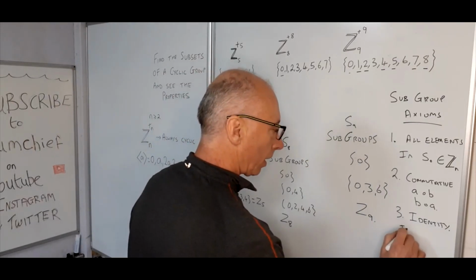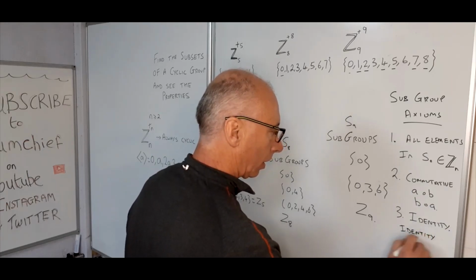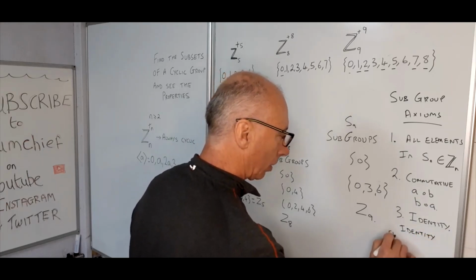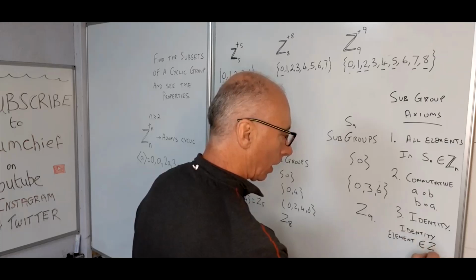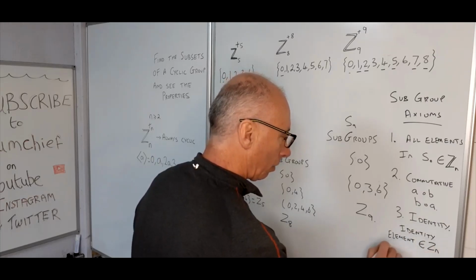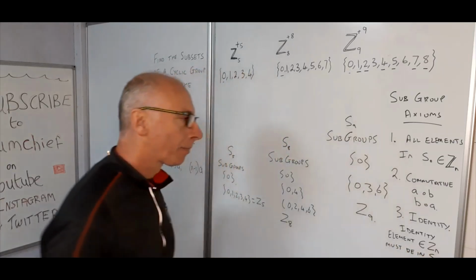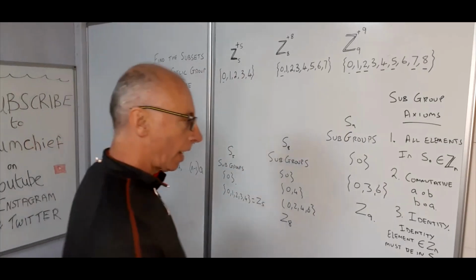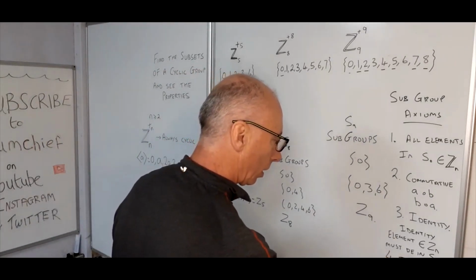So the identity element in Zn must be in Sn.